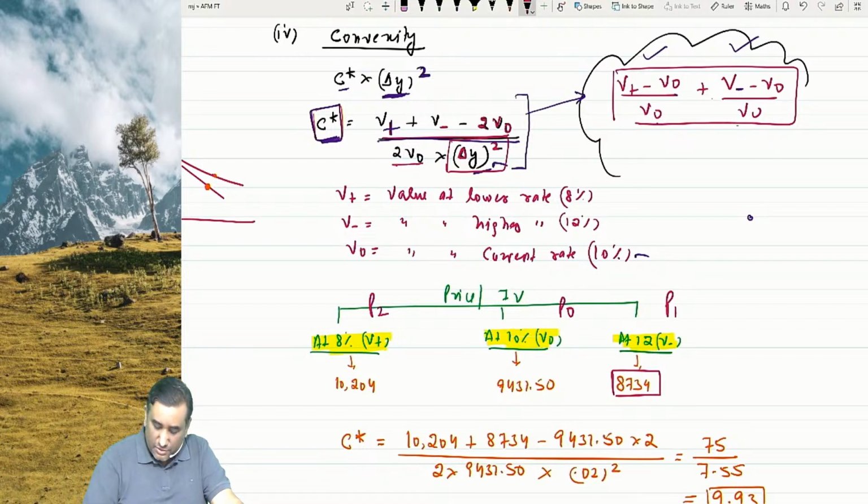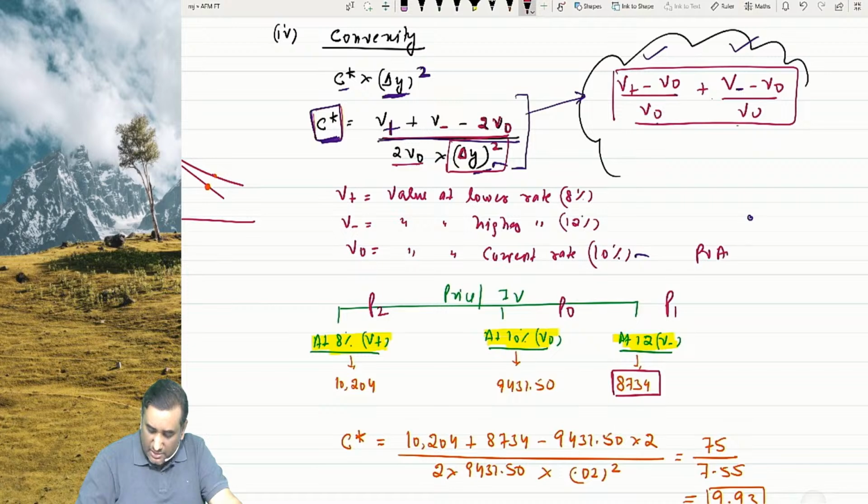Tell us the annuity factor at 12%. How much do we get? 3.605. So how do we get this value?